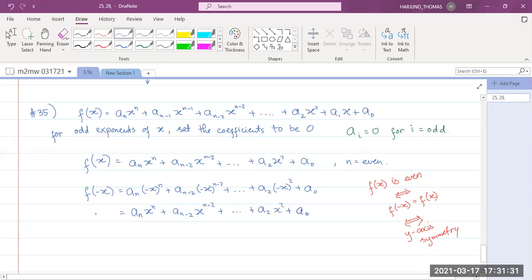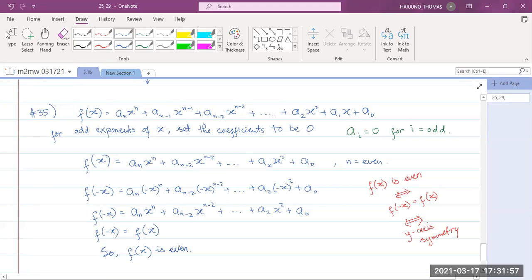Now we see that when we replace x by negative x, the function simplifies into the original function. Okay, so f(x) is even.